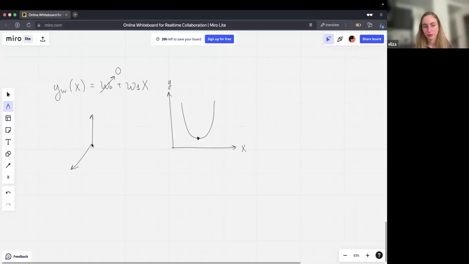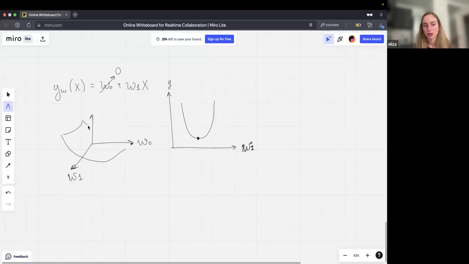For example, we have 3 dimensions, and, sorry, these are not features, these are your weight 0 and weight 1, and you want to draw how your function looks in 3-dimensional space.